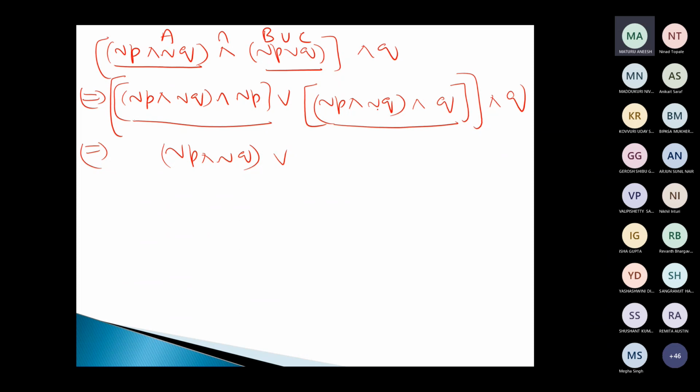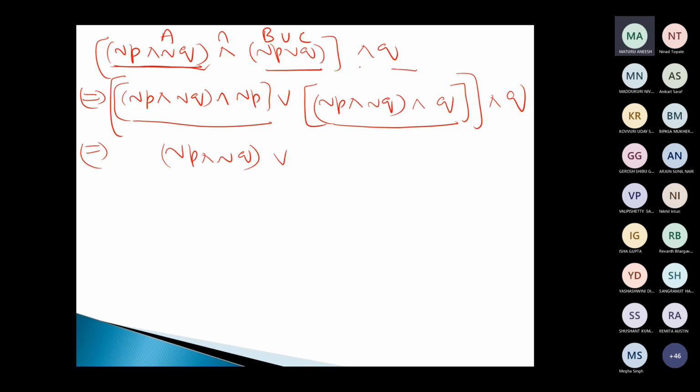Ma'am, can we not take distributive over that outer Q, like A and B and doing with Q, so that the negation of Q and Q will get reduced? You are saying this one with this one, correct?